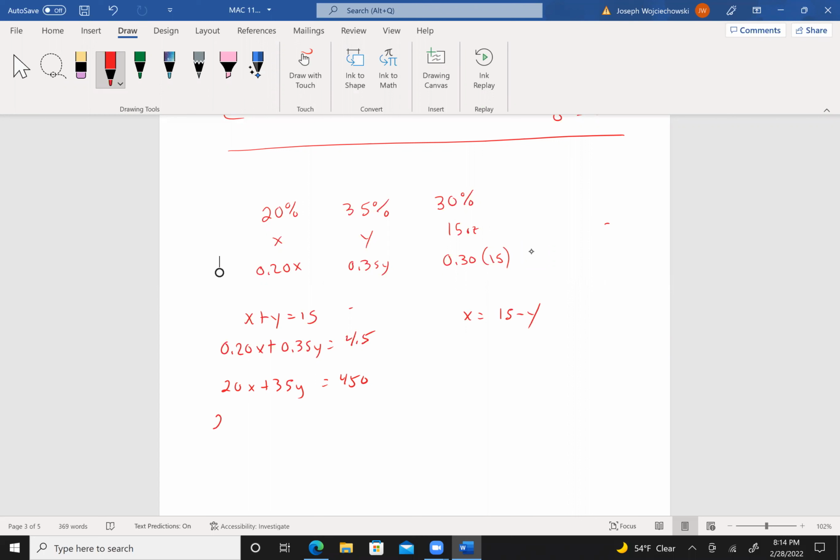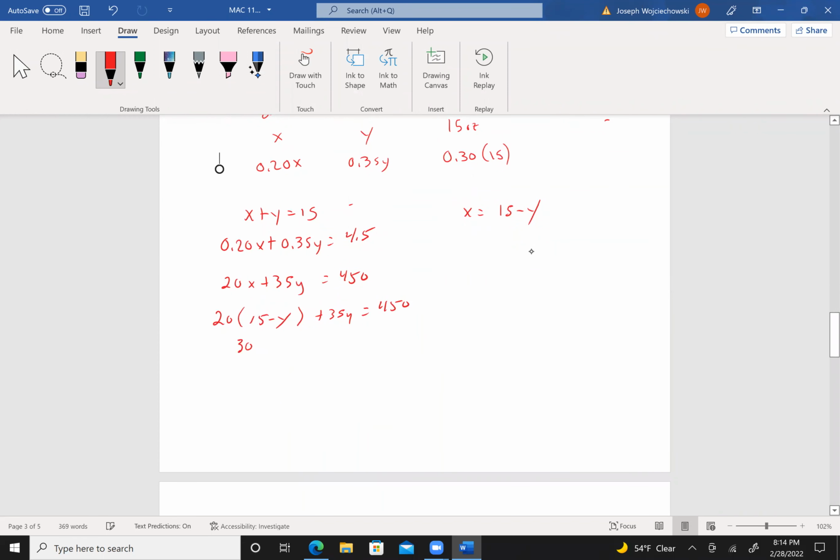Then I can plug that in here. 20 times (15 minus y) plus 35y equals 450. I can distribute: 300 minus 20y plus 35y equals 450. This becomes 15y, 450, not 400. This becomes 150. So y equals 10 ounces, which means that x equals 5 ounces.